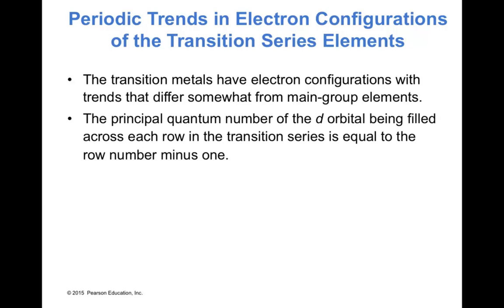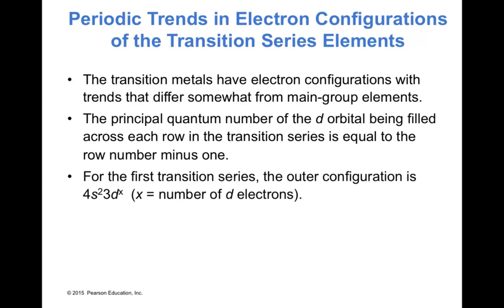The principal quantum number of the d orbital being filled across each row in the transition series is equal to the row number minus 1. So for the first transition series, the configuration is 4s2 3dx, where x is the number of electrons.